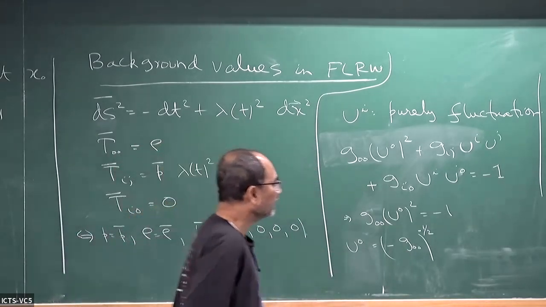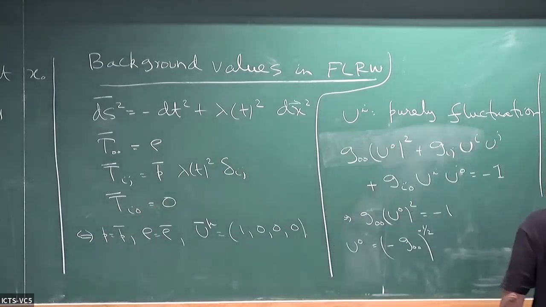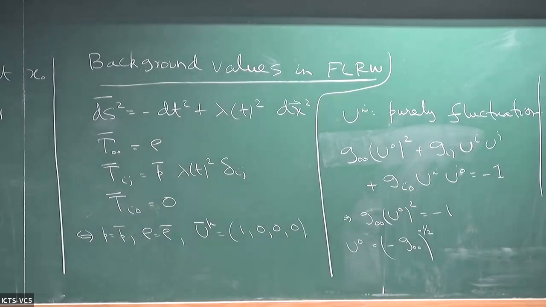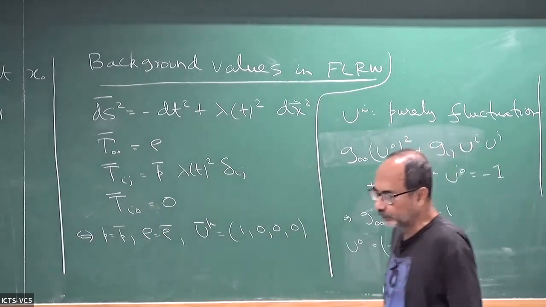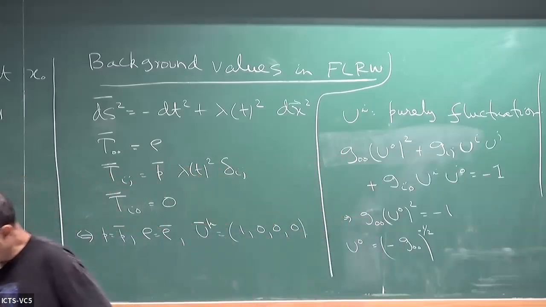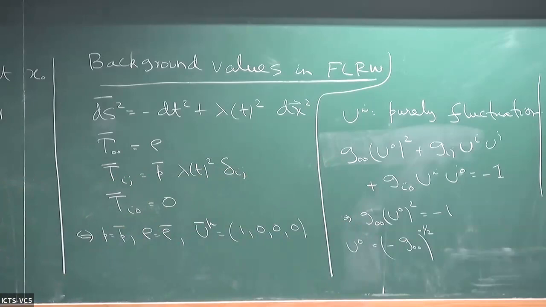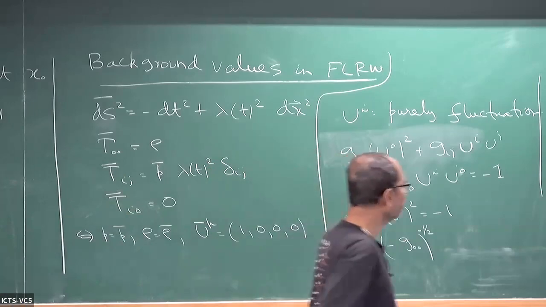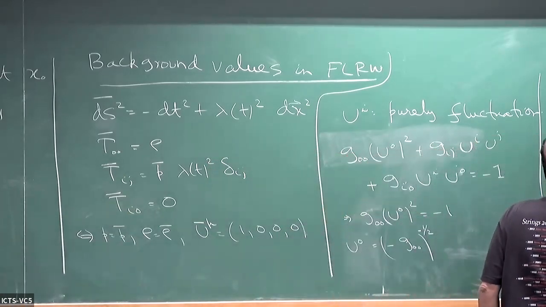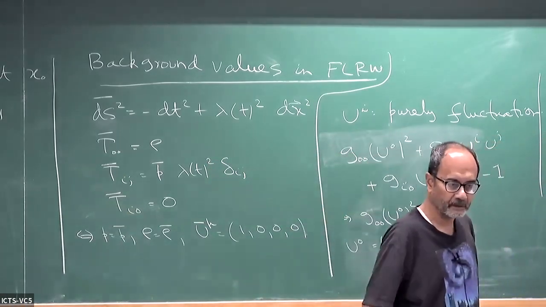So ultimately, these are the parameters that parameterize the fluctuation of T. Is this clear? And now we can compare it with what we had earlier. P tilde and rho tilde are exactly the fluctuations of p and rho that we introduced earlier.